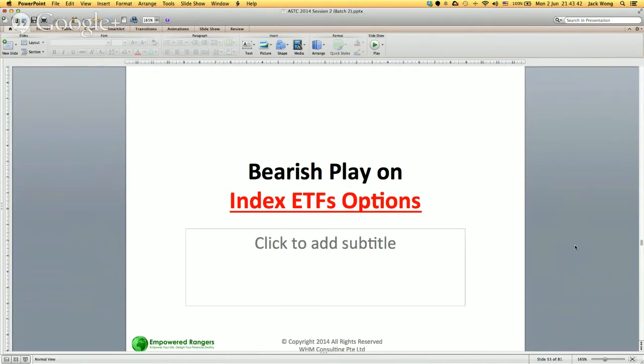Okay, so I have gone through 4 strategies. They are: number 1, buy the stock; 2, buy an in the money call; 3, buy an out of the money call; 4th one is do a call vertical spread. So I have 4 strategies which are enough, in my opinion, for people to make money.